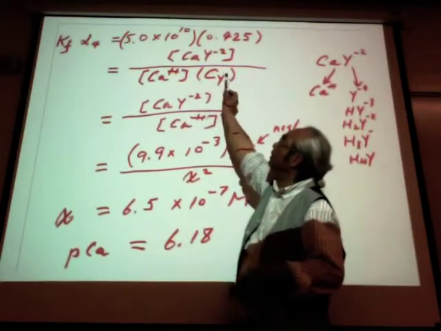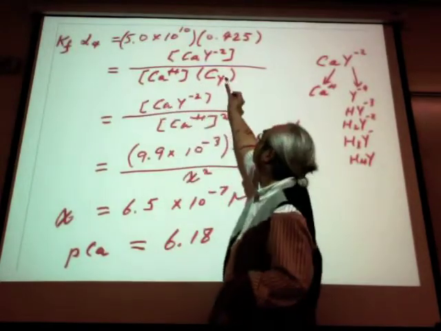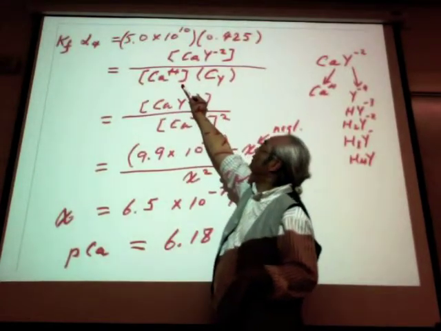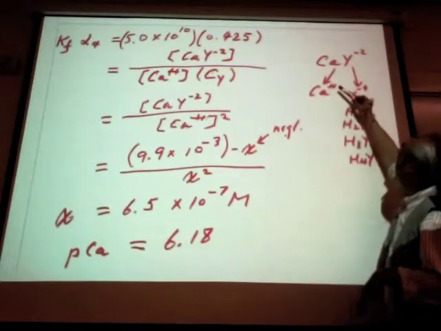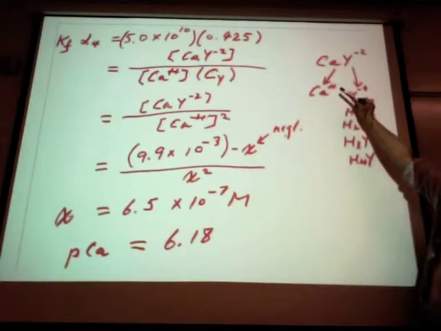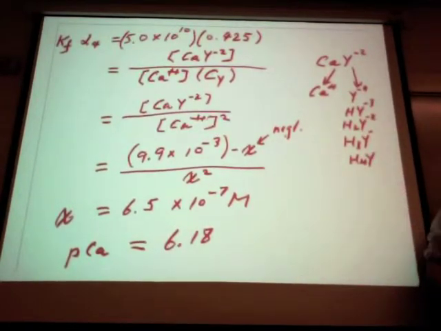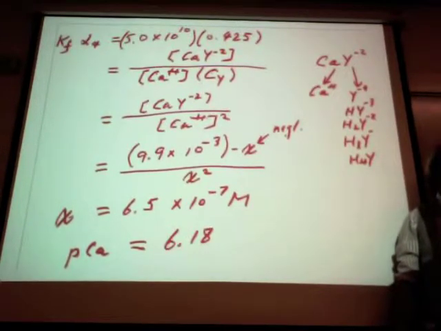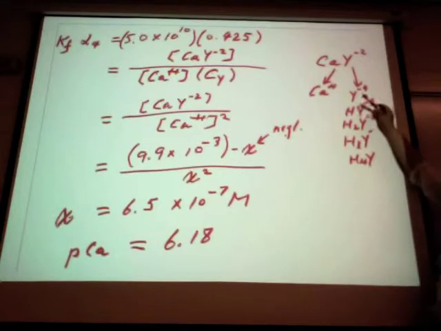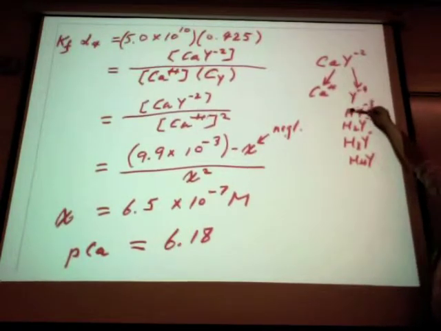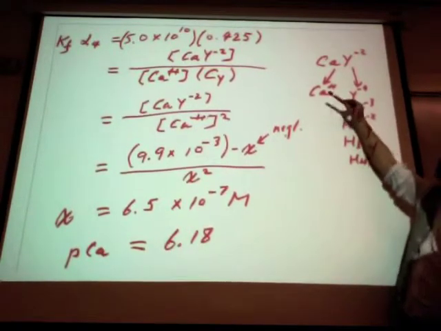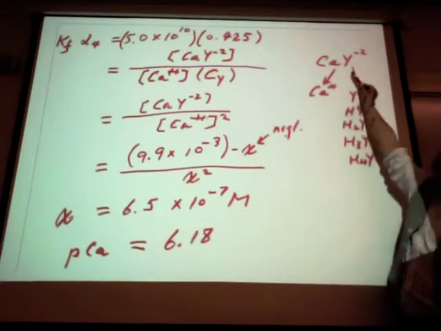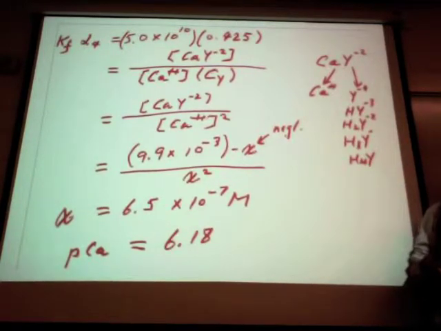Now, because the setup is like this, the Cy and calcium 2 plus totals are equal, right? They come from the same complex, so they have to be equal. If this is X, then this is also X. They come from initially the same one complex, for example.